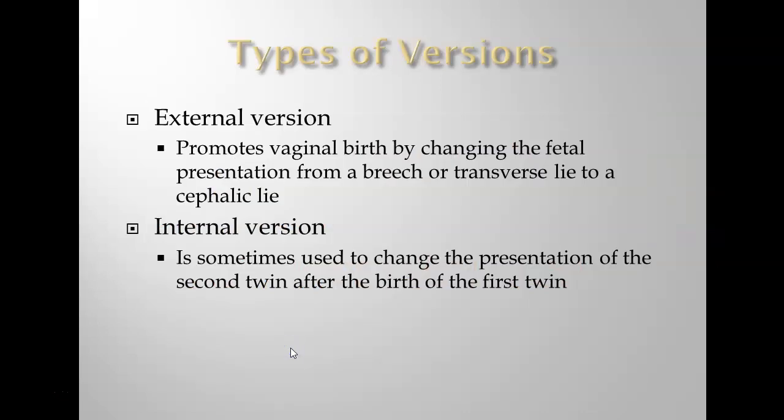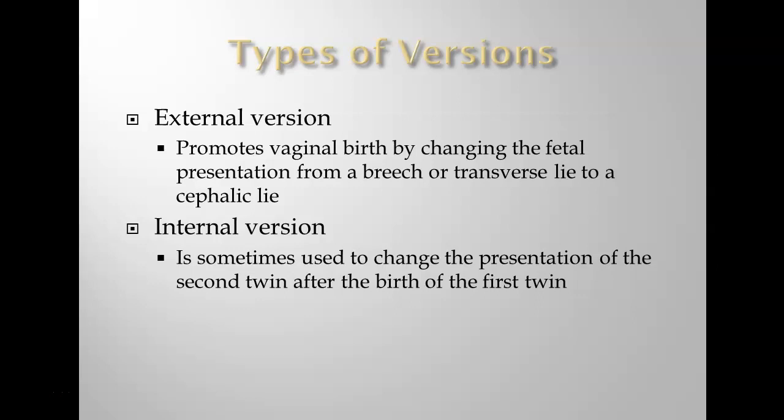Now, if you have a baby who's breech, you have the option that your physician may recommend called a version. So an external version promotes vaginal birth by changing the fetal presentation from a breech or a transverse lie to a cephalic lie or a vertex. And we do this by simply turning the baby externally. So the doctor would put an ultrasound on mom to make sure that he has the positioning of the baby correctly, as well as that we're getting an adequate heart rate.